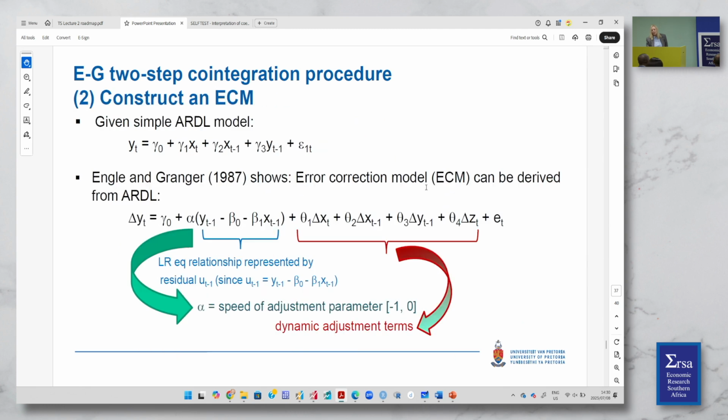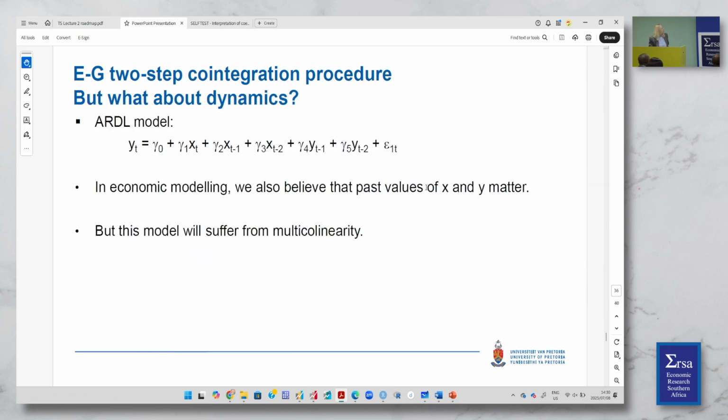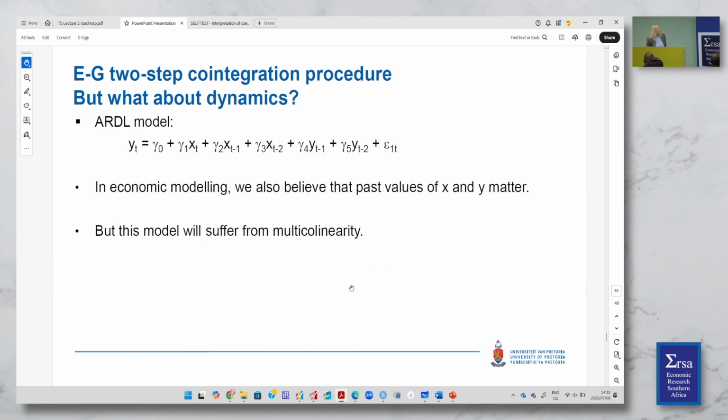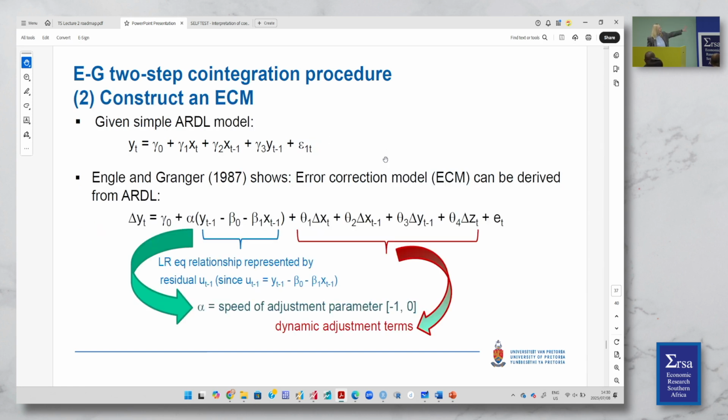This is saying two things. Long run matters. Equilibrium matters. We will be in positions of disequilibrium. But dynamics also matter.